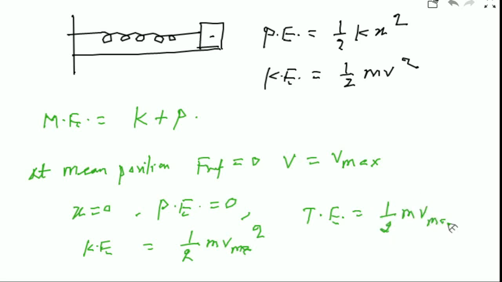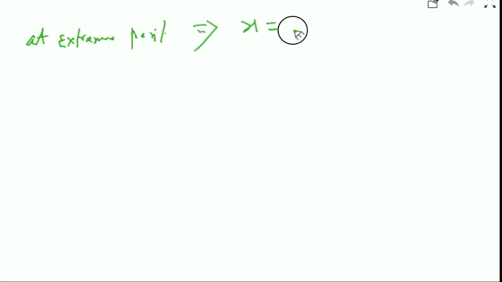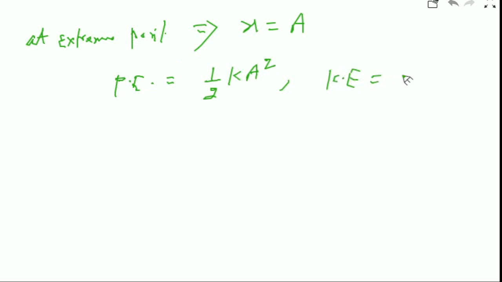Similarly, at the extreme position, x will be a, which is called the amplitude, the maximum displacement of the spring. The potential energy at that time will be maximum, half k a square. The extreme position is defined where the velocity equals 0, so the kinetic energy is equal to 0.